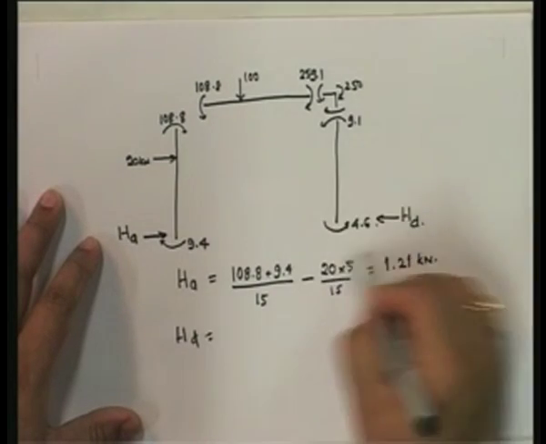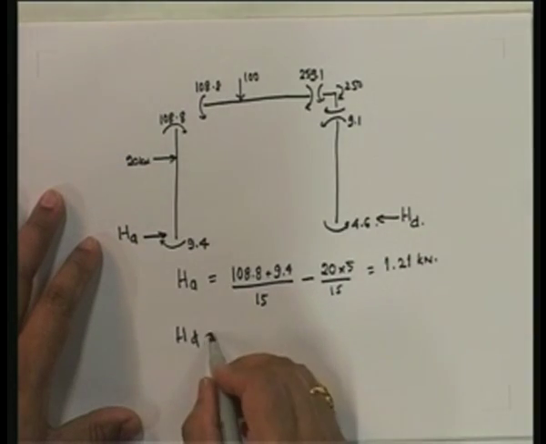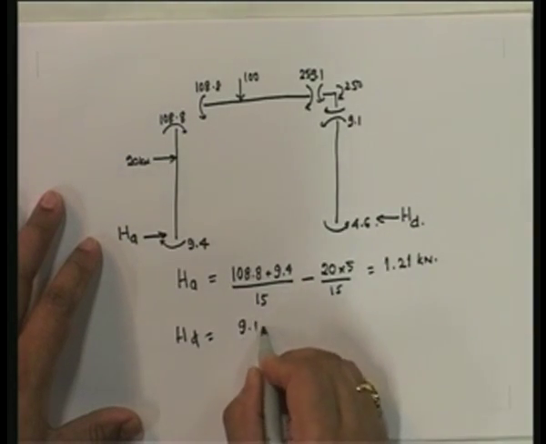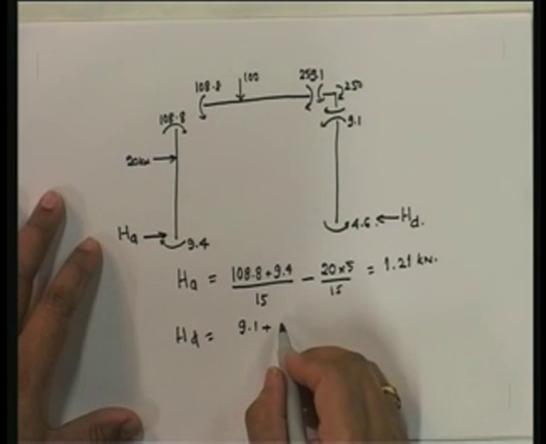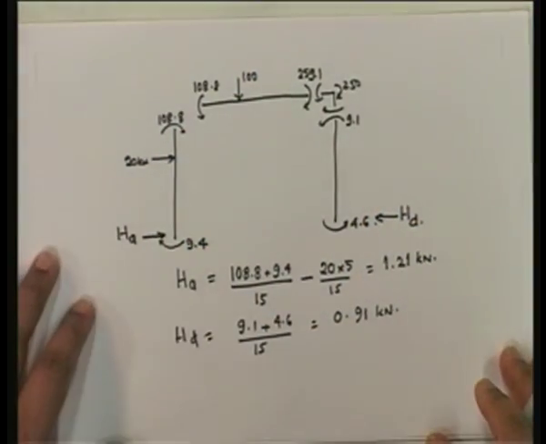Let us look at HD. HD is going to be equal to 9.1 plus 4.6 upon 15. So this is going to be equal to 0.91.